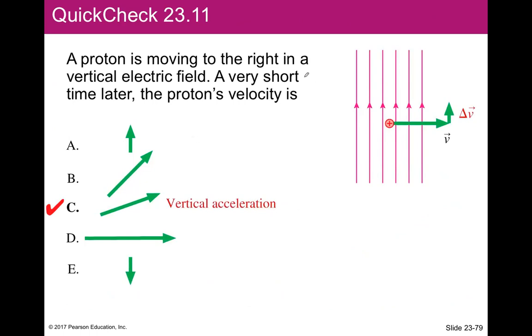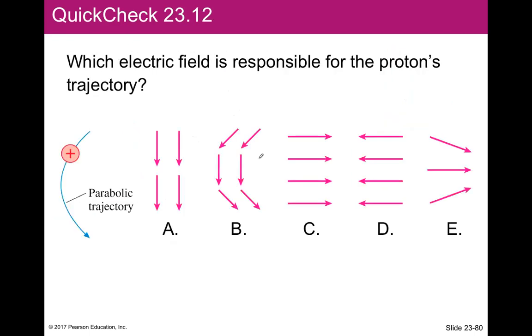It's difficult to say what is a short time. We don't know how strong the electric field is, but we know it should go in the direction of upper right. So this is the positive charge, and then it goes in this direction.